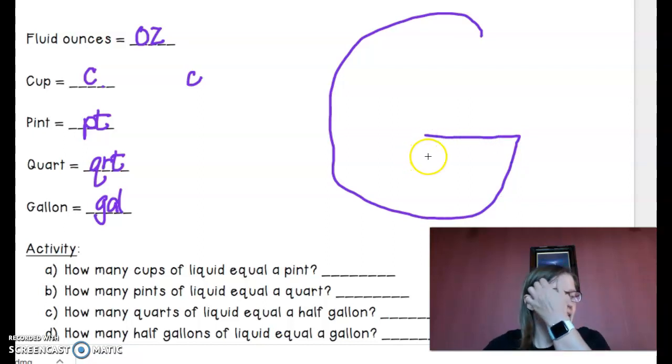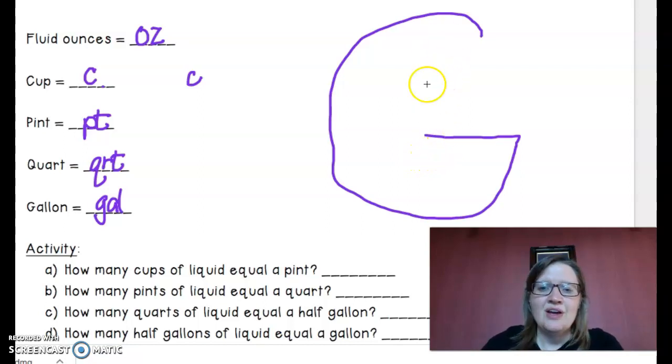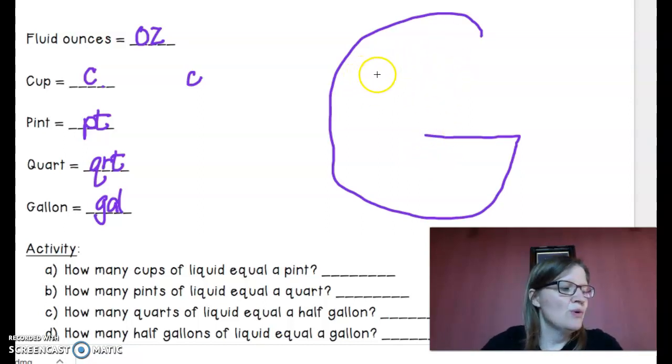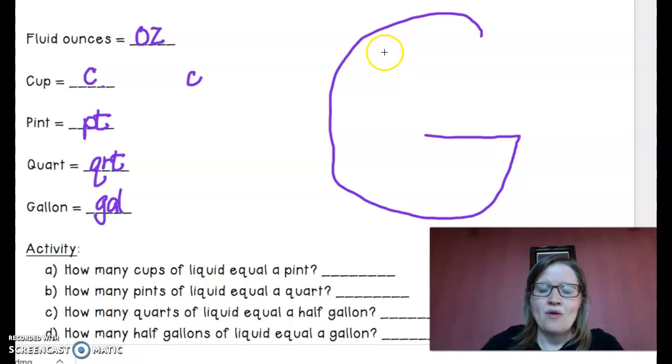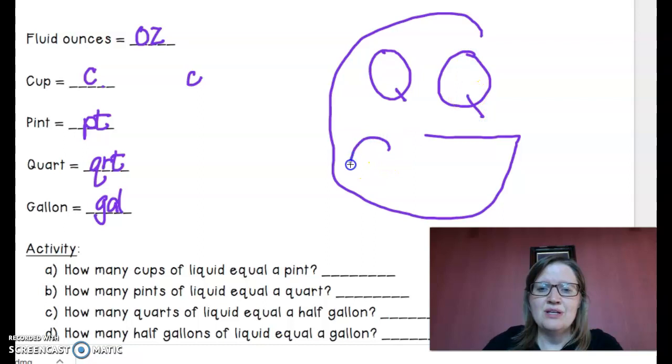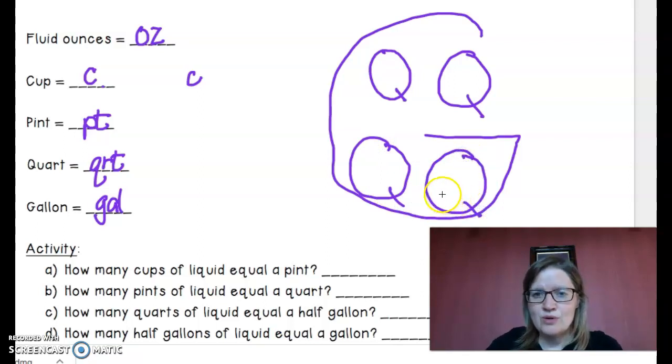And in this G, there are 4 quarts. You want to make these really big. So there are 4 quarts to a gallon.